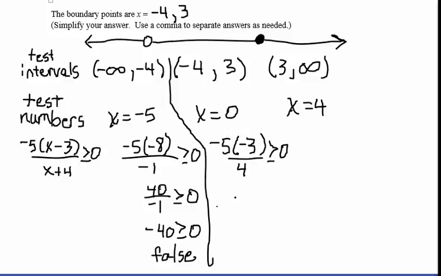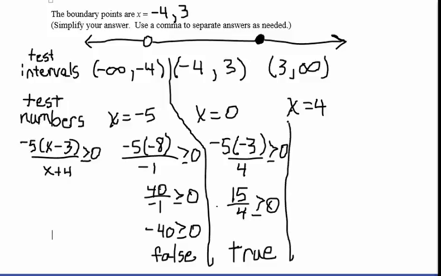Now we're using 0 to represent the second interval, and we wind up with 15 over 4 greater than or equal to 0. And that's a true statement. So our test number 0 shows us what all the numbers in our interval do to the inequality. All the numbers in this interval will make the inequality true.